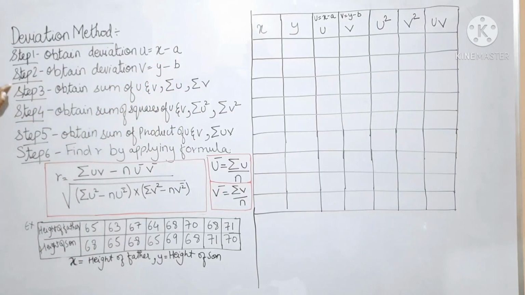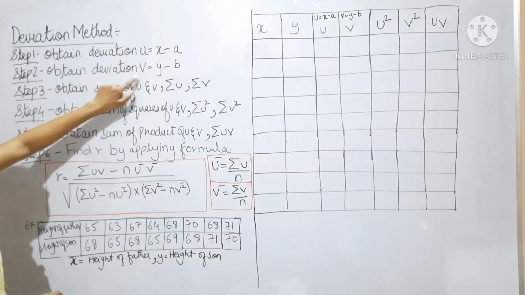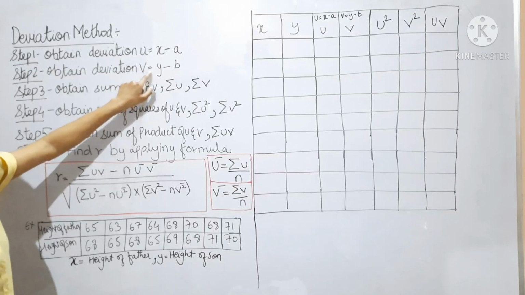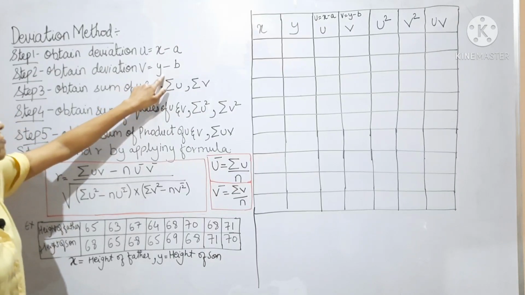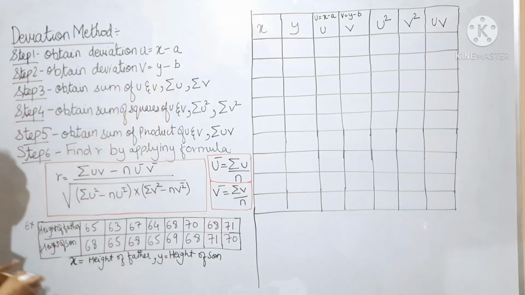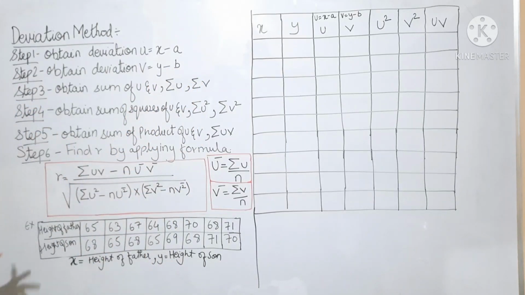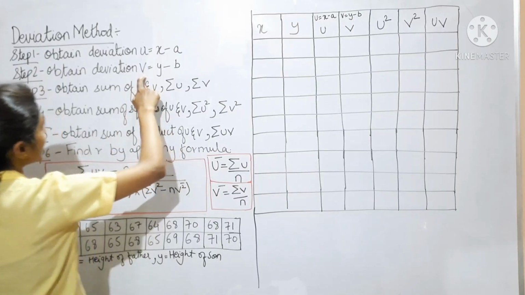Step 2, find deviation v, by y minus b. So a and b are going to be assumed numbers. We have to assume one number and then we can find u as well as v.